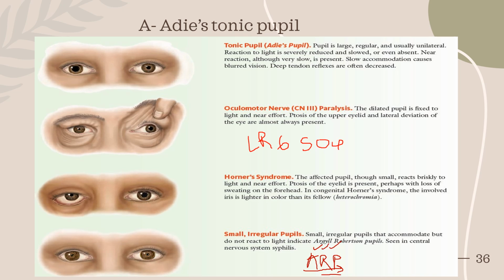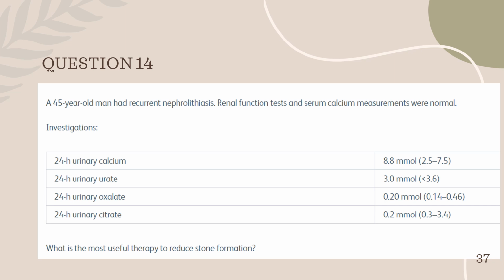PRA, when you go from back to the front, PRA means pupillary reflex absent. That is how you remember Argyll-Robertson. It is smaller than the normal fellow eye, and it can accommodate, but it doesn't react to light. Okay, so that was about our pupillary defects.